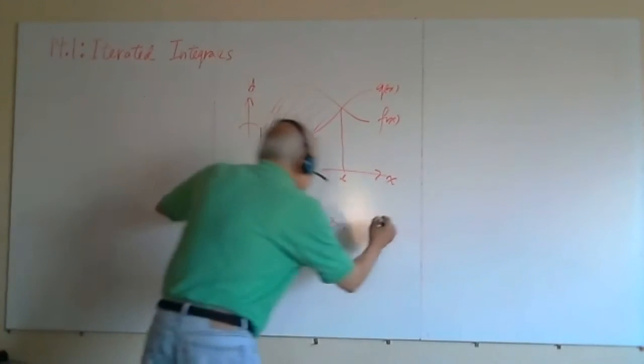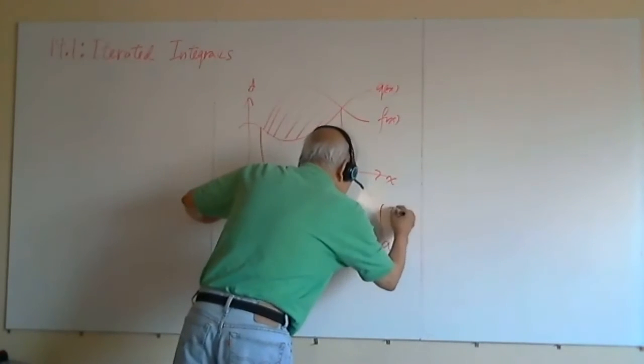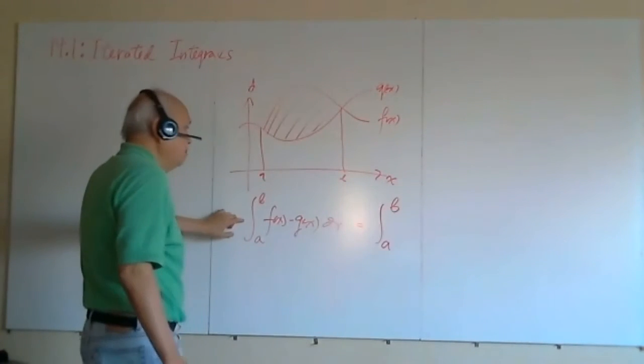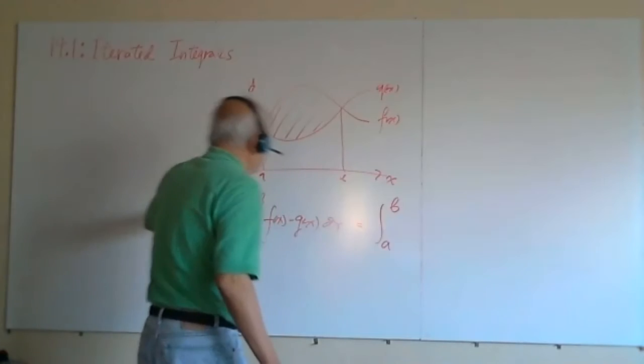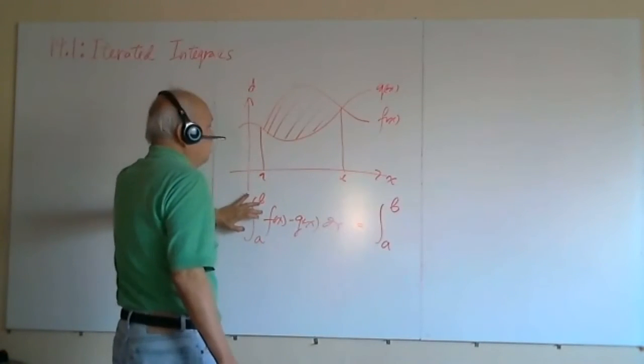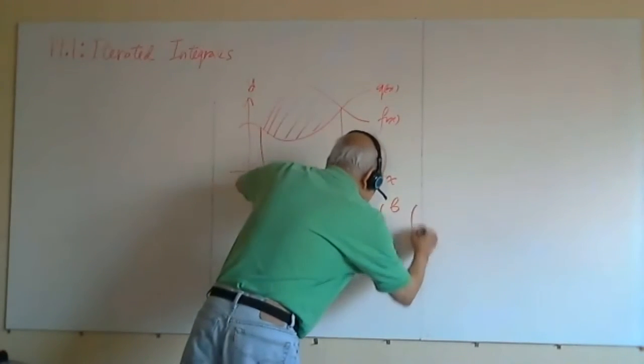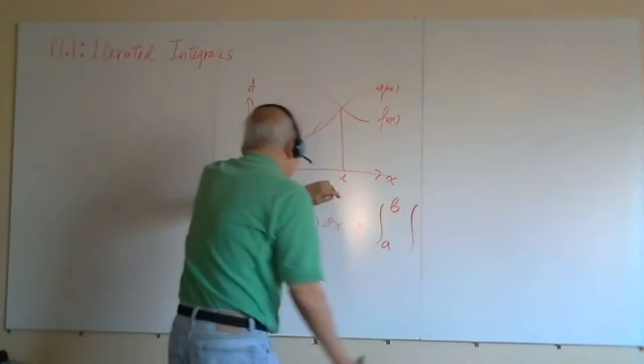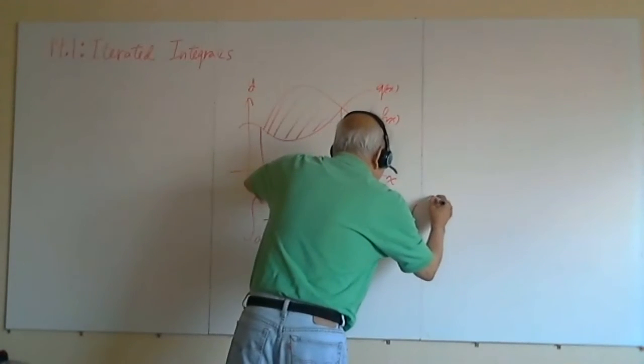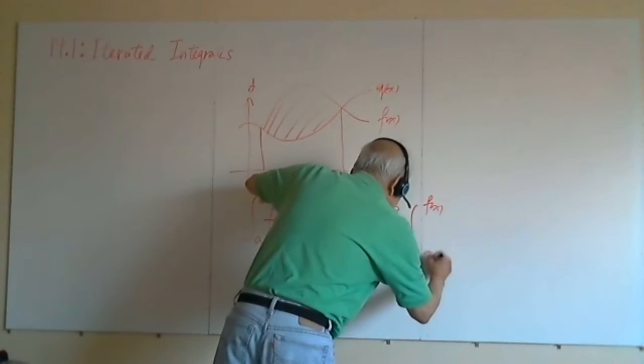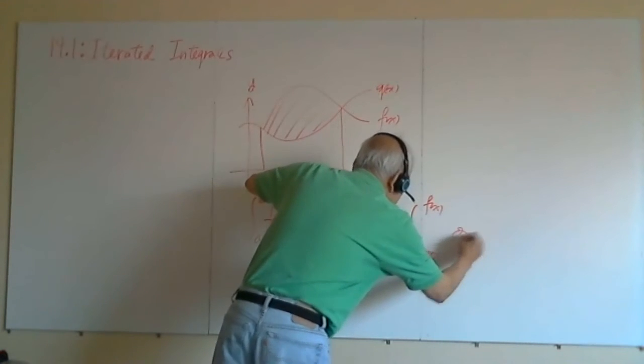It's going to be like this. From A to B, the same thing. Now, instead of one integral, I will transform it into two integrals. Integral again, and then F(x), G(x), dx.